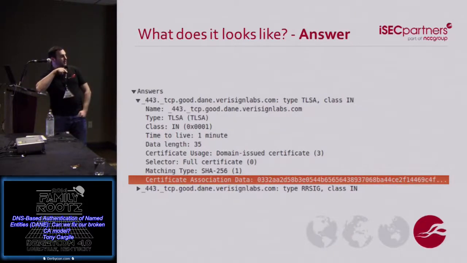We can look here and say, all right, this is a domain-issued certificate, so we're pinning on a certificate that doesn't have to be validated by PKIX. We're specifying the full certificate, and we're specifying a SHA-256 of this. And here is the actual hash of that certificate.